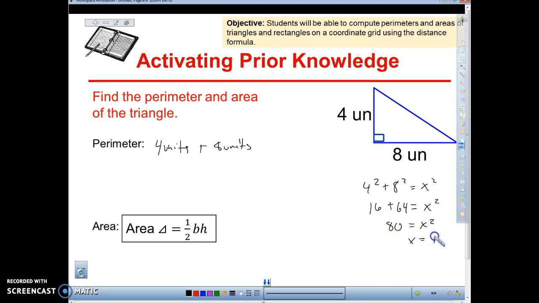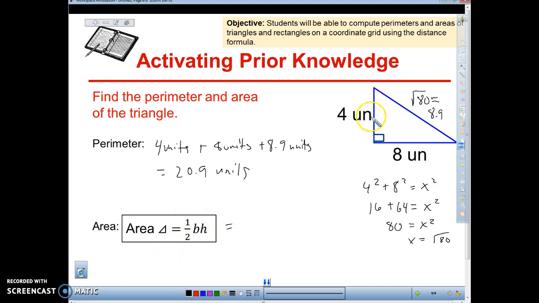So I know the hypotenuse is the square root of 80 units, which is approximately 8.9 units. Okay, and if we add up all these, 8 plus 8 is 16, plus 4 is 20, so this is equal to 20.9 units.